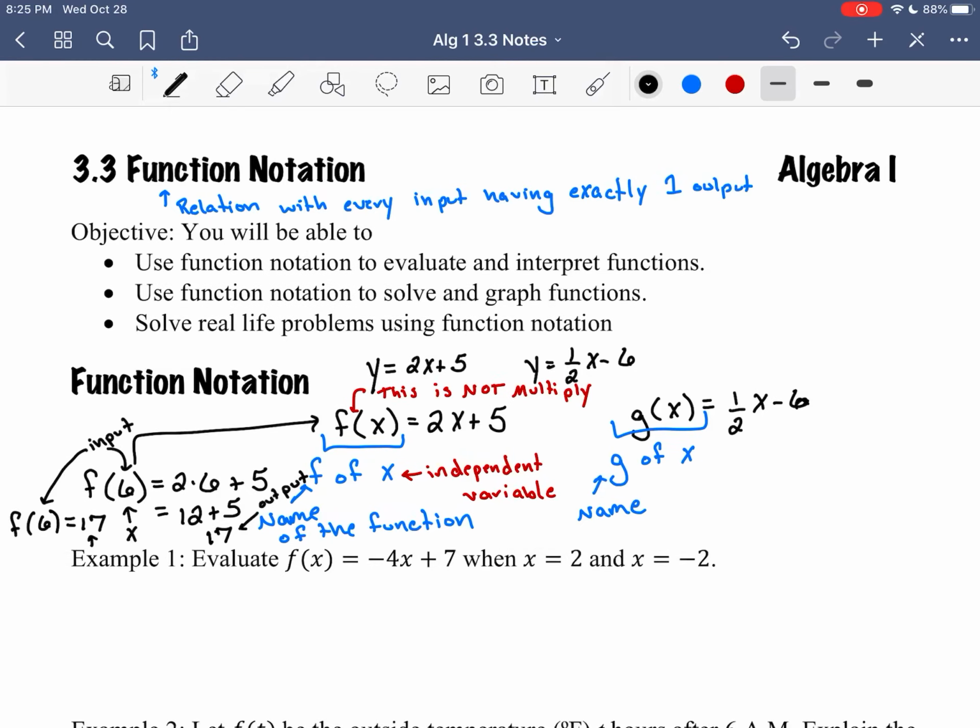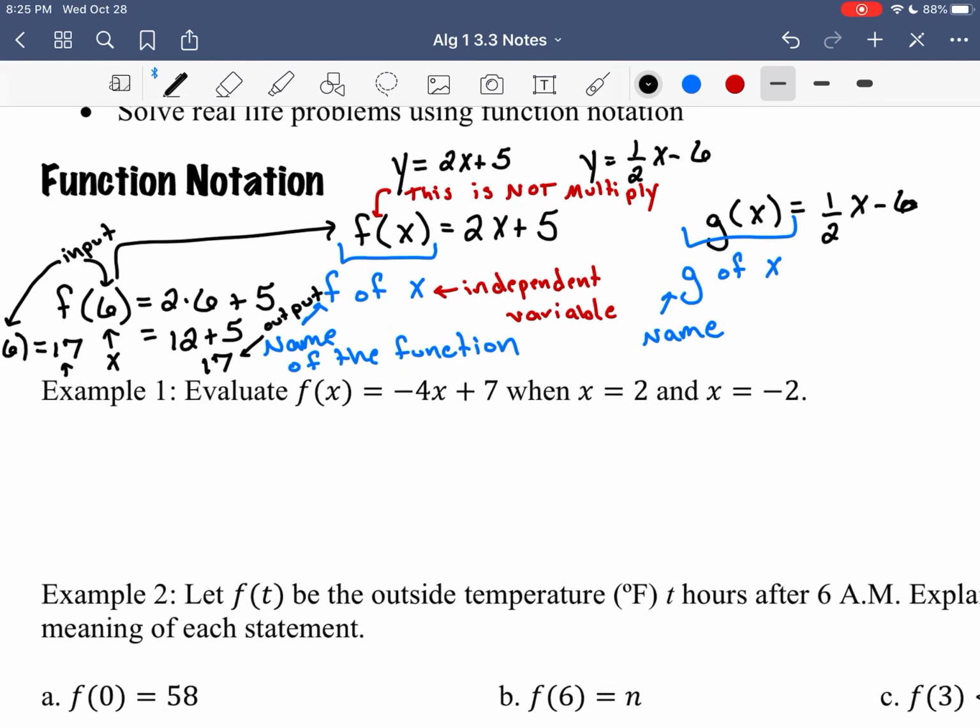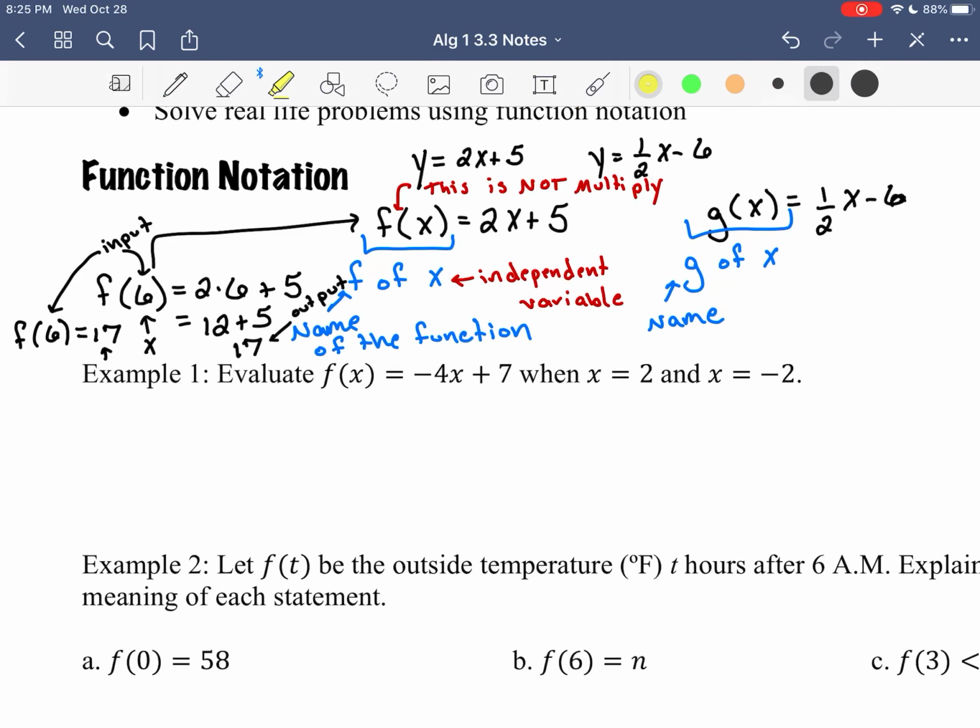So in this first example, here's my function, f of x equals negative 4x plus 7, and I want to evaluate that when x equals 2. So I want to replace my x with 2. I would write this as f of 2 equals negative 4 times 2 plus 7.